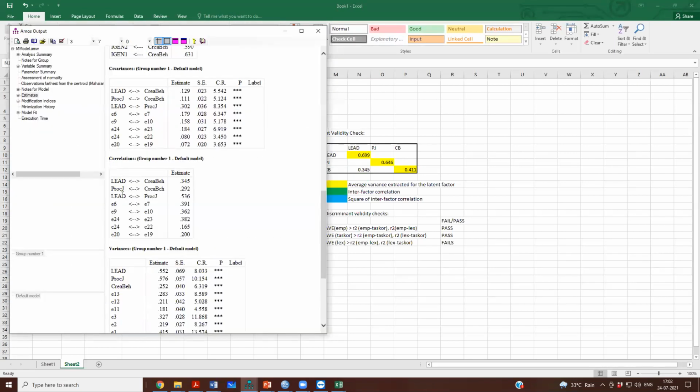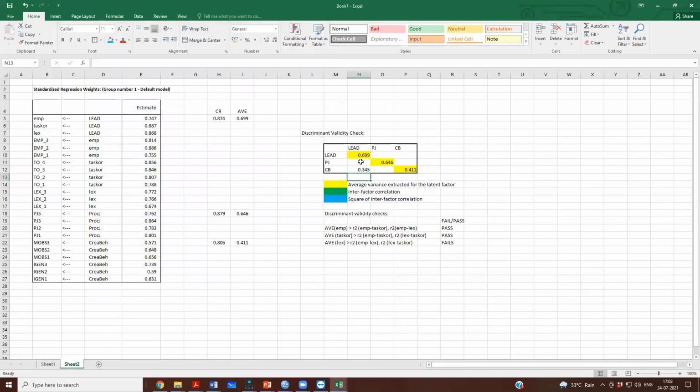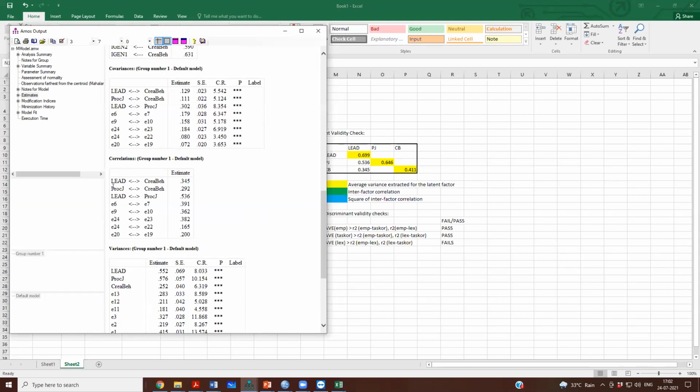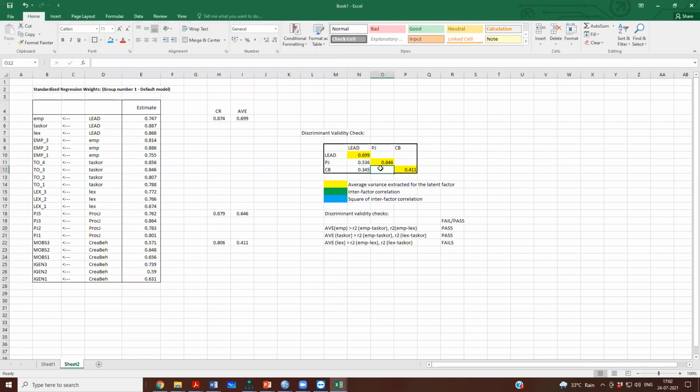What is the correlation between leadership and procedural justice? It is 0.536. So this is 0.536. And then what is the correlation between procedural justice and creative behavior? It is 0.292. So 0.29. So these are the interfactor correlations.